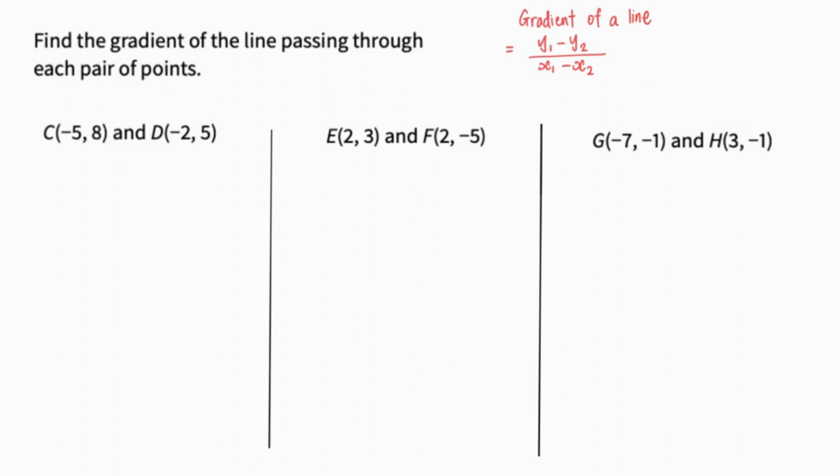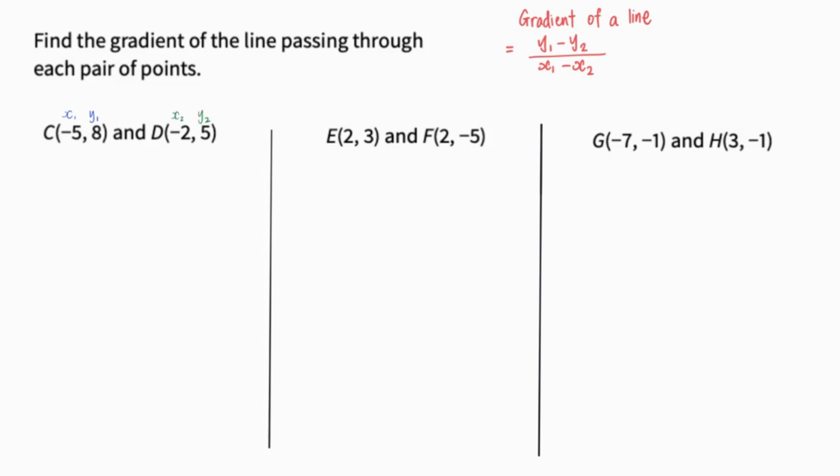Every time when Mr. Tan does this type of question, I would actually label the points. So in this case here, I will have my x1, y1, and my x2, y2 coordinates.